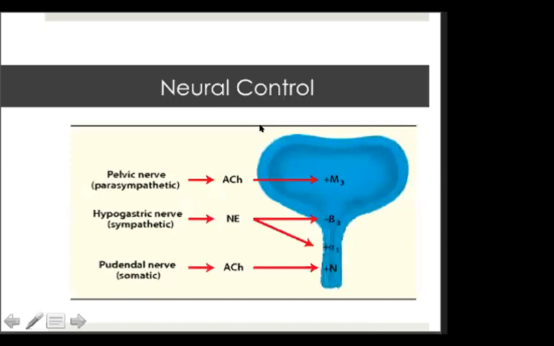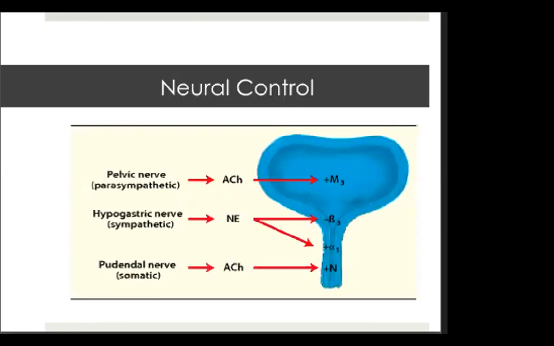Then for the neural control, in the bladder we have receptors and also in the external and internal sphincter. So for the bladder we have muscarinic and beta 3 receptors. So three most important efferent nerves involved in the lower urinary tract are the following.